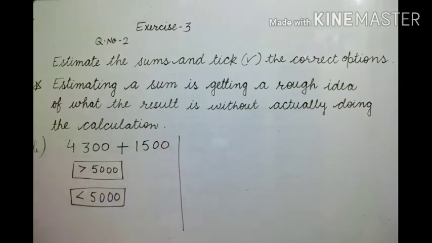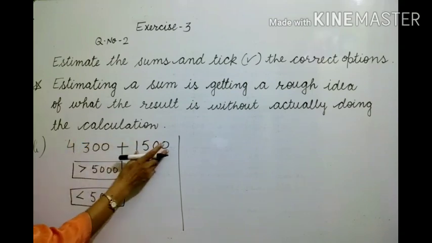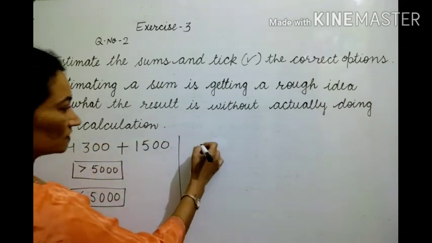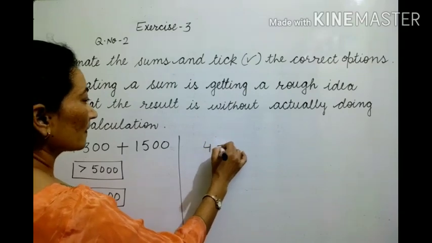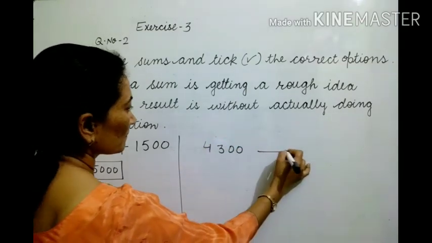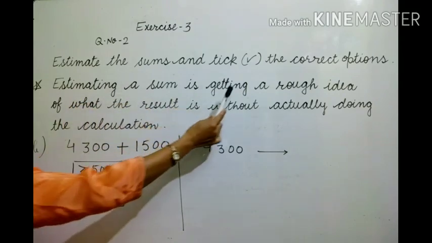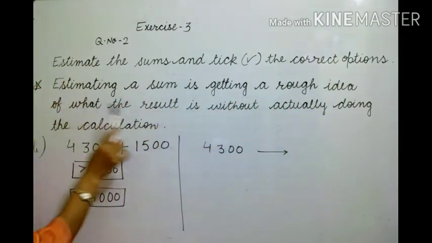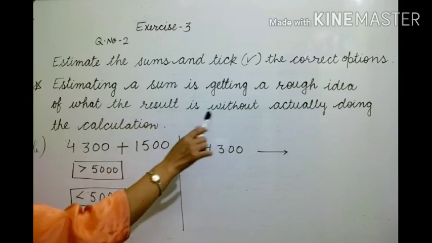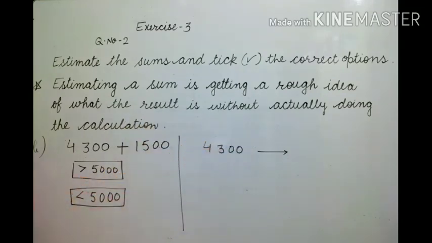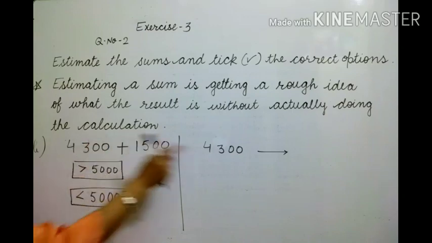For that, what will we do? First, we take a guess idea of the first number and a guess idea of the second number. What do we do in estimating a sum? Getting a rough idea of what the result is without actually doing calculation. We don't do calculation.